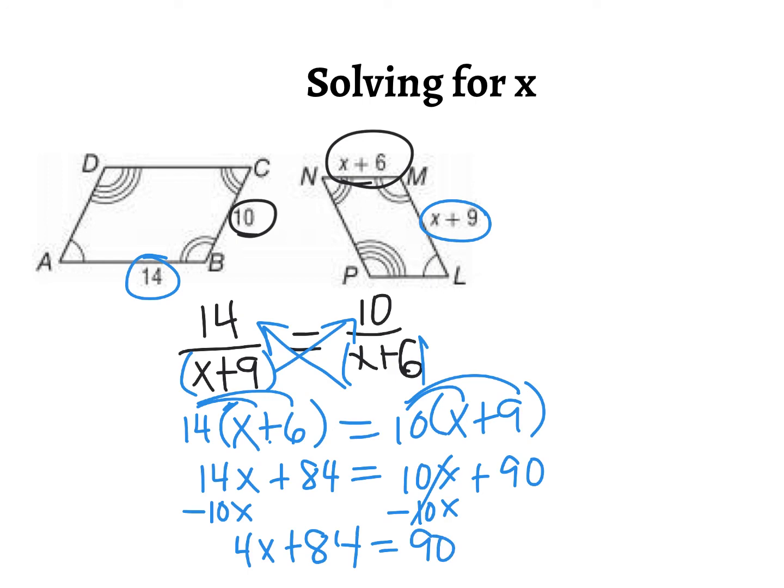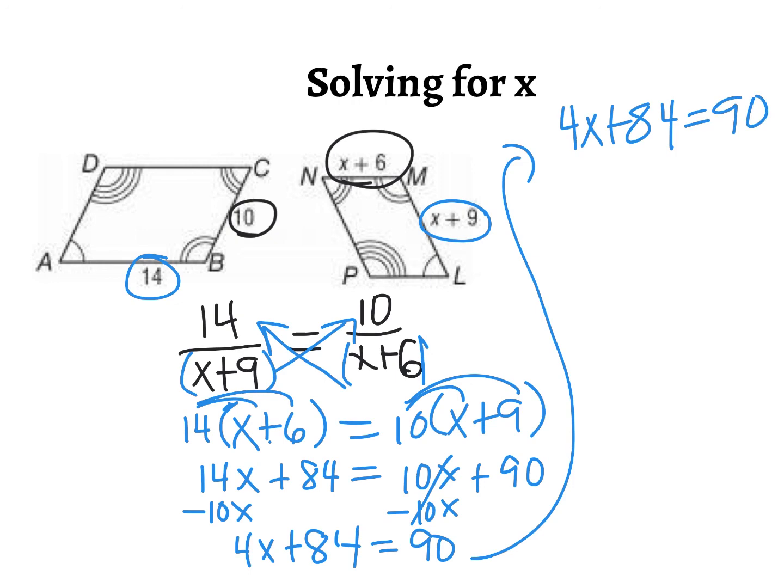You want to move the 84 to the other side. So I'm going to pick up this problem over here on the side just to continue solving it. We have 4x plus 84 equals 90. So move the 84 to the other side by subtracting. Subtract 84 on both sides. So 4x equals 6.